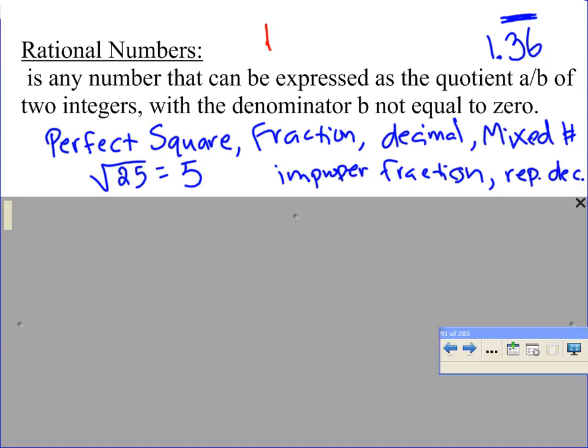A rational number could also be a natural number, a whole number, or an integer. A rational number is basically anything except for what I'm going to talk about in a couple minutes.